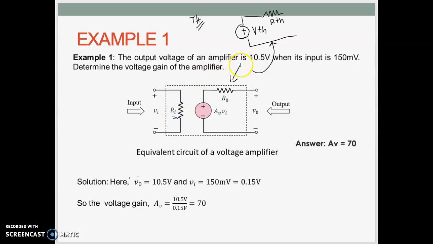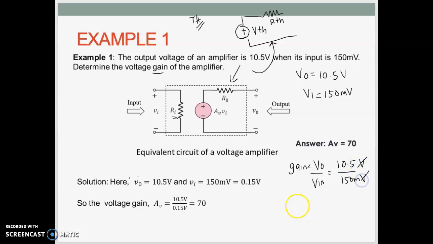The question says the output voltage of the amplifier is 10.5 volt, so V out equals 10.5 volt. Your V in equals 150 millivolt. Determine the voltage gain. So what is the gain here? Gain is equal to V out over V in. So V out is 10.5 volts divided by 150 millivolt. You can cancel the unit and then you find the gain is equal to 70.